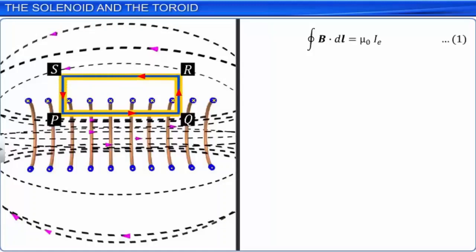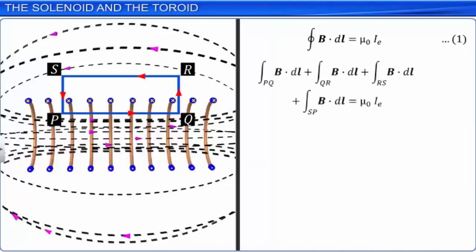That is, integral over the closed loop B dot dl is equal to integral over PQ B dot dl plus integral over QR B dot dl plus integral over RS B dot dl plus integral over SP B dot dl, which is equal to mu naught IE. Let this be equation 2.